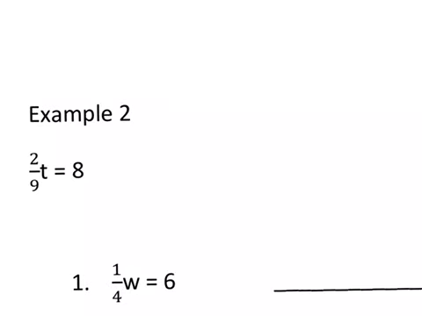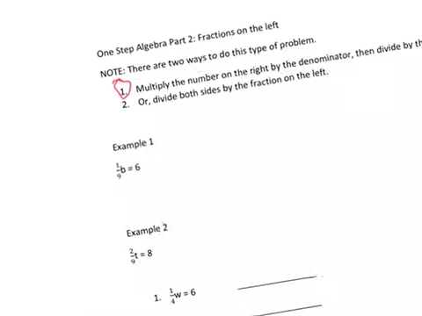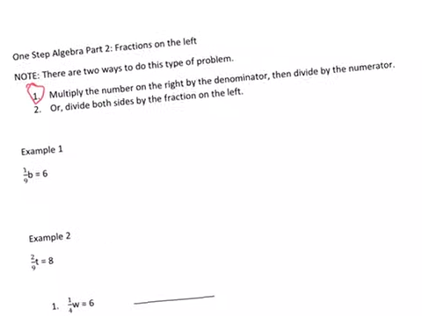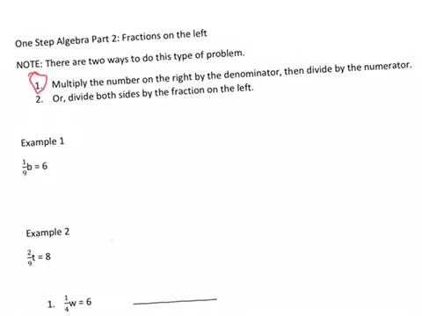And what this is asking is, what number can we multiply by 2/9 to get 8? And we're looking at way number 1, and it says multiply the number on the right by the denominator, then divide by the numerator.